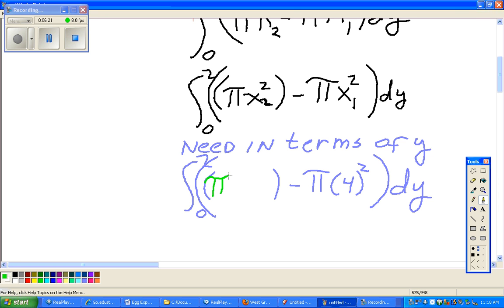This other x is going to be just a little bit harder to see. Whoops, I put my 4 in the wrong place. 4 goes there.